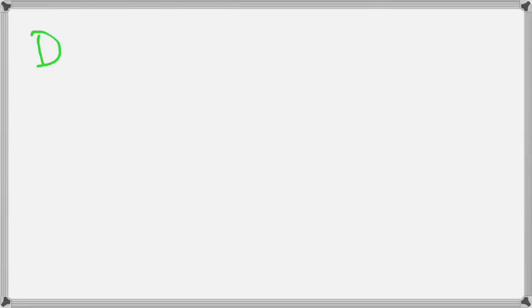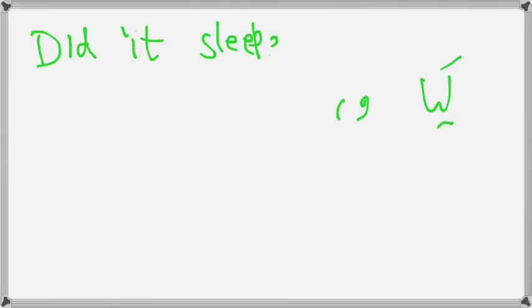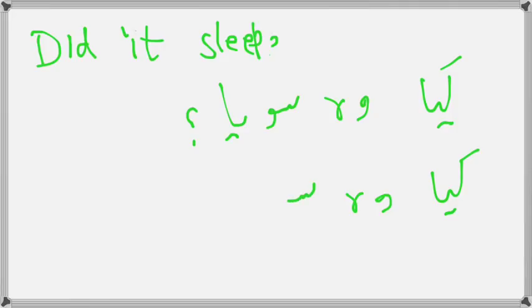Similarly, did it sleep? If we are talking about an animal, for example a dog, then we say क्या वो सोया for male and क्या वो सोई for female.